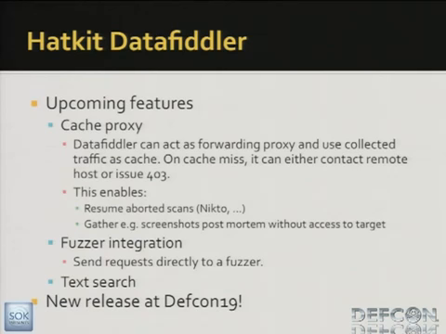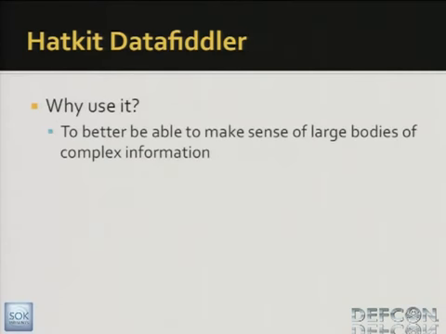We're planning to add some more advanced text search capabilities, either by Pylucene or Whoosh. And as already mentioned, there was a new release earlier this week, both for the proxy and the data filler, containing all this stuff I'm talking about.